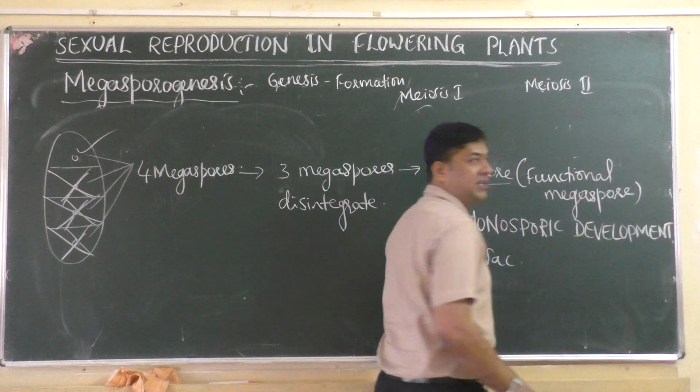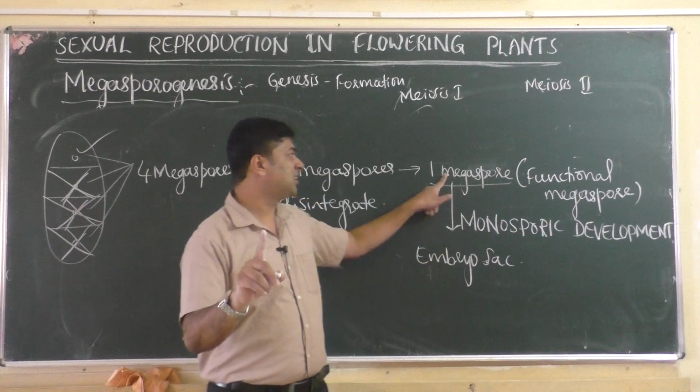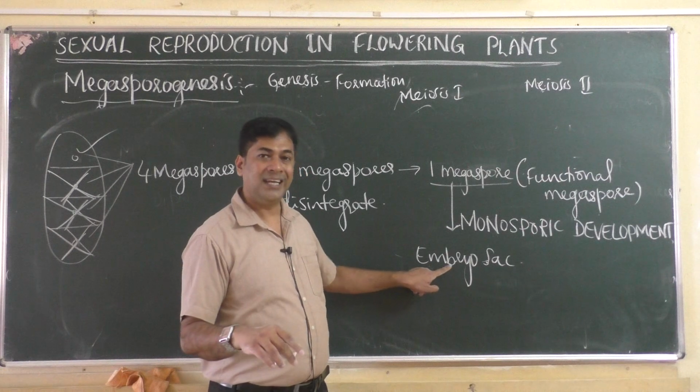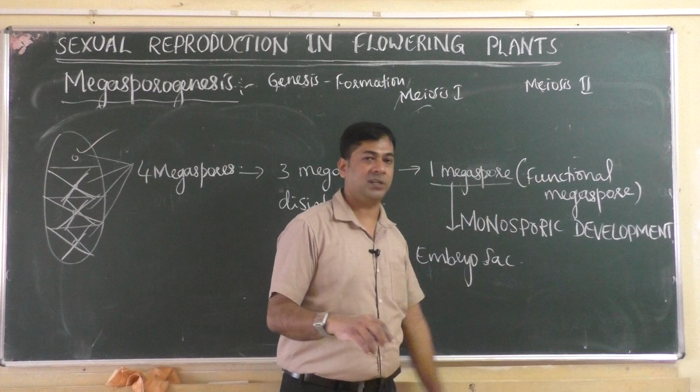See, the name itself says it: mono means 1. Monospore means single spore. So 1 spore produces embryo sac.